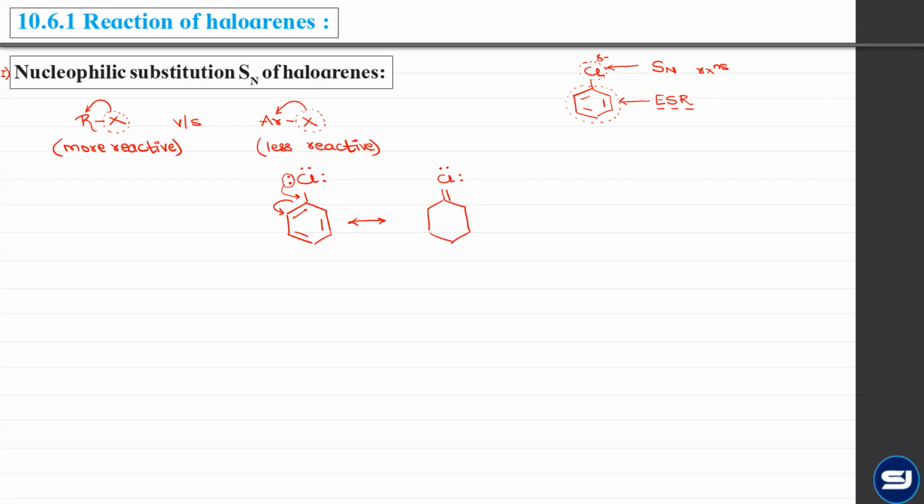This double bond's electrons are shifted to the carbon, so that will change to single, and this carbon acquires a negative charge, and बाकी pi bonds will remain as they are. So because of the delocalization, the chlorine and carbon join by a double bond, and pi electron के movement की वजह से the ring acquires a negative charge.